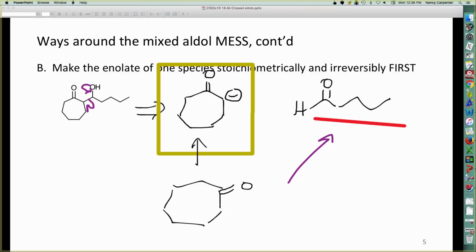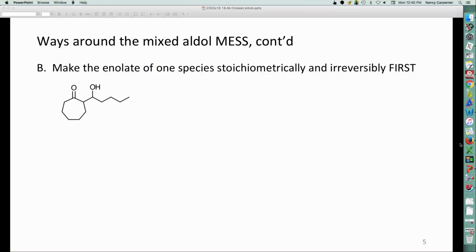But as you can see, if you start to think about it, you have to think about order of addition. Should I add the base to my ketone, or should I add my ketone to my base? Should I add the enolate to the aldehyde, or should I add the aldehyde to the enolate? These are all good questions, and if you're ever going to try and carry out an aldol in the lab, the order of addition is really going to matter.